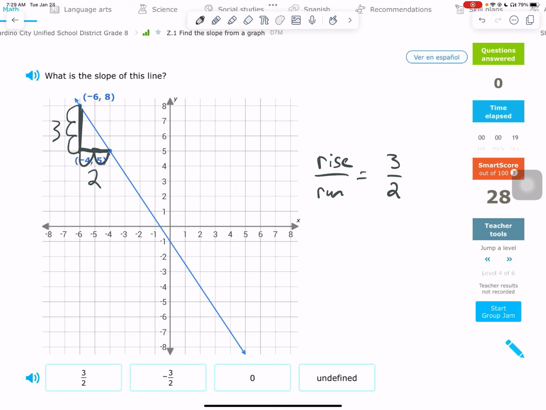Fourth step, is this going up from left to right or down from left to right? I'm going to start at the very left side of this line and travel along it. It is going down from left to right. So it's going to be negative 3 over 2. And again, for my fifth step, simplify if needed. I don't need to do that one because this one is already simplified. The best way to write a slope is as a fraction.